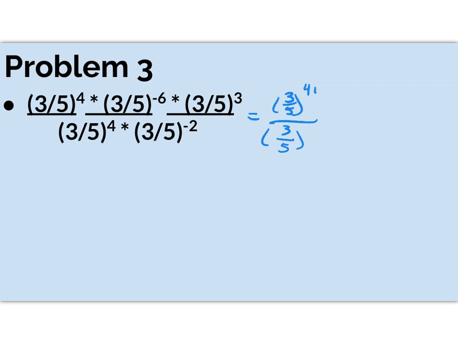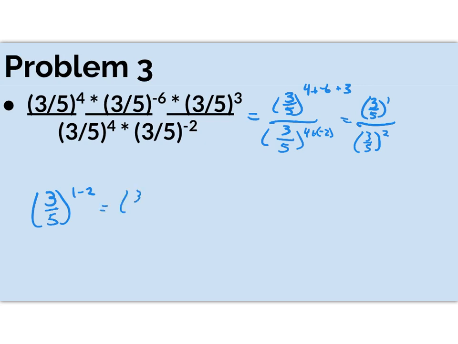So we'll have 4 plus -6 plus 3, which gives us 3/5 to the first power. Then we'll have 4 plus -2, which is 3/5 squared. And then dealing with the base, 3/5 to the 1 minus 2 gives us 3/5 to the -1, which is 5/3.